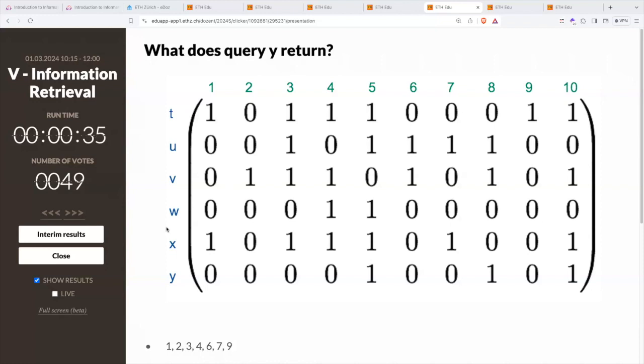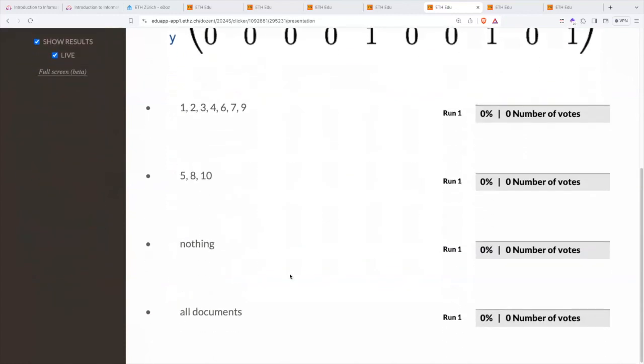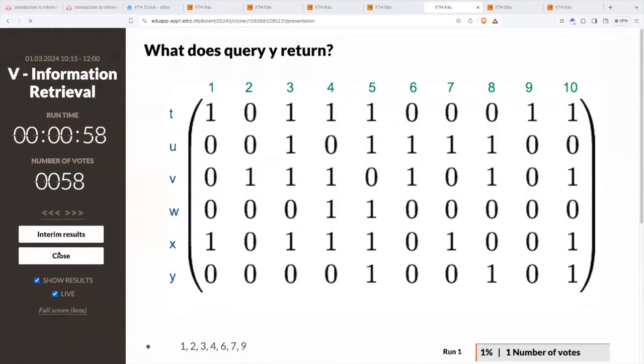Who bets that everybody gets that one right? Let's see. 93%. There you go.